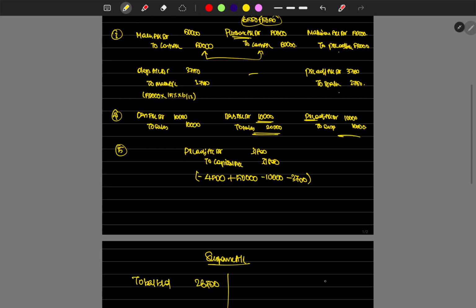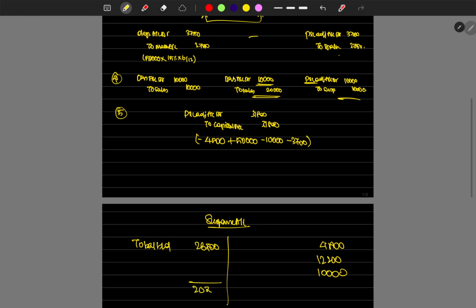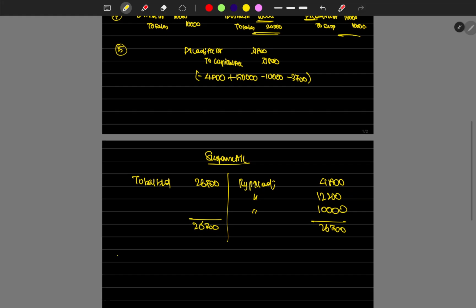So 4,500, 12,200, 10,000. If we total it, actually the balance: 4,500 plus 12,200 plus 10,000, which is 26,700. So by P&L adjustment.